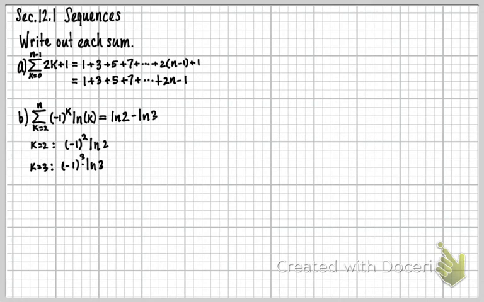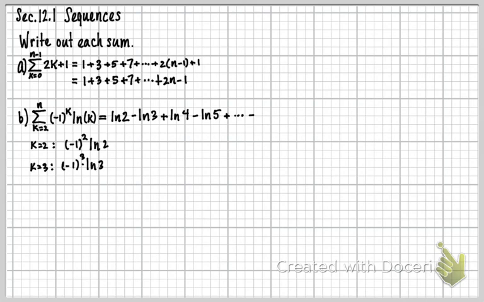So then the process becomes a little easier once I see a few of those. Because then the next one is going to be plus ln of 4 minus ln of 5. So then I'm going to write plus here, and then minus here.